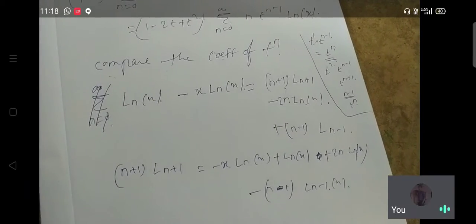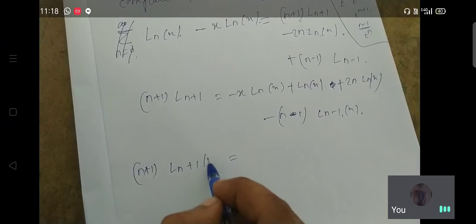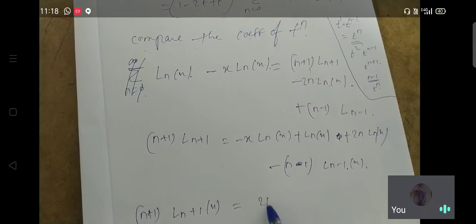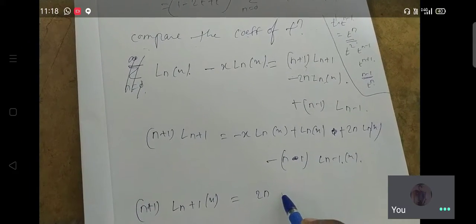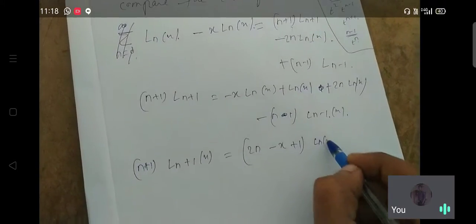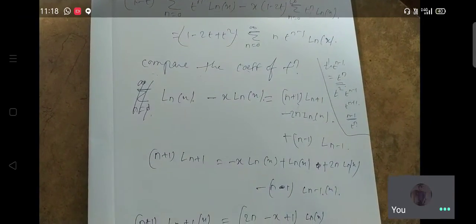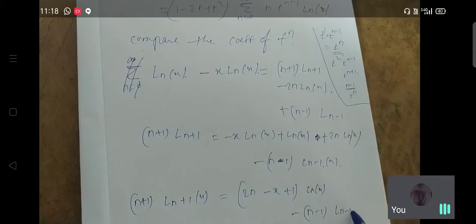Therefore n plus 1 into L_(n+1)(x) is equal to (2n minus x plus 1) into L_n(x) minus (n minus 1) into L_(n-1)(x).